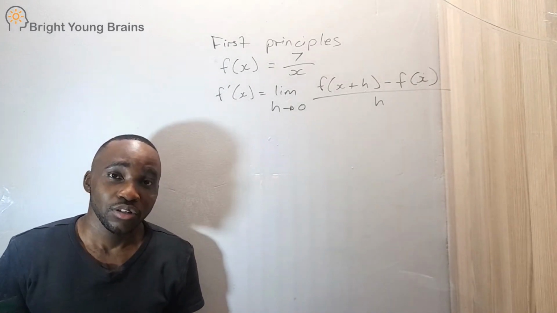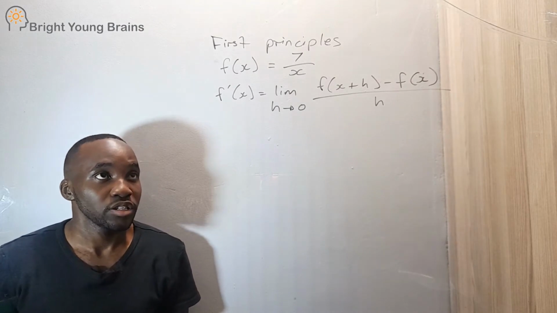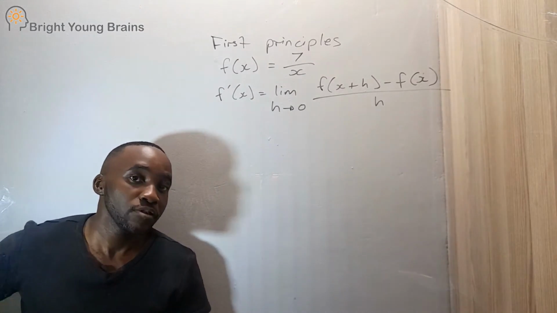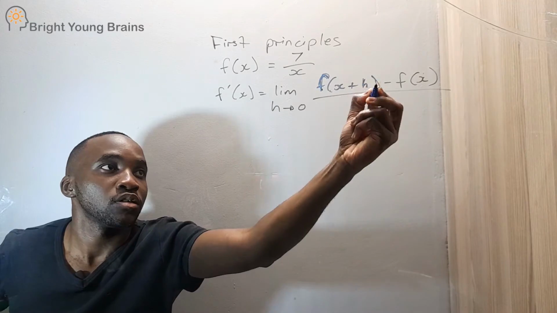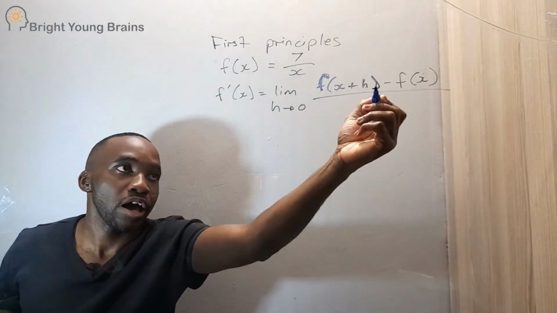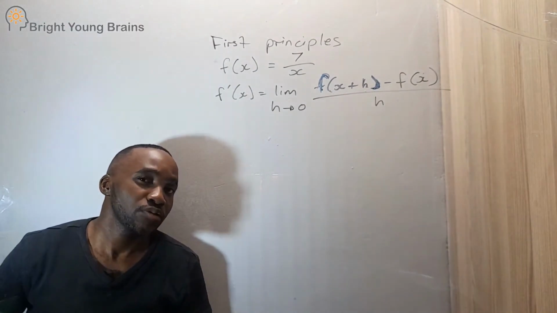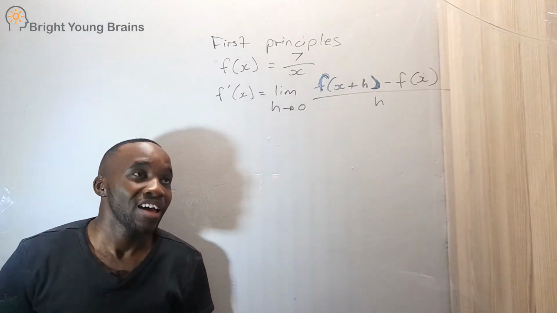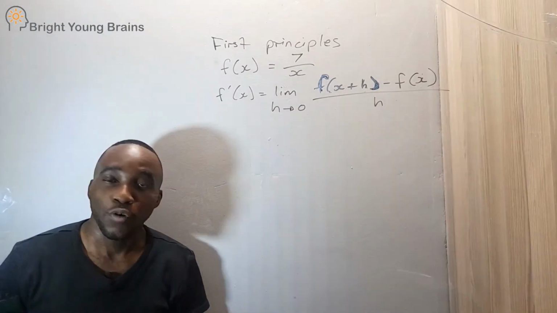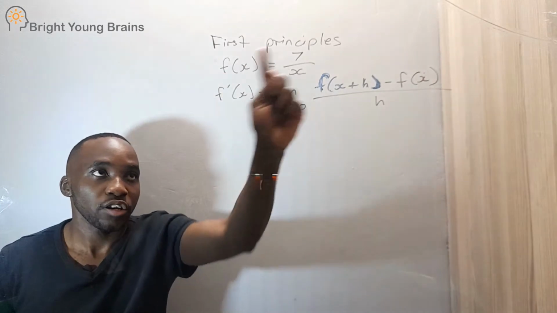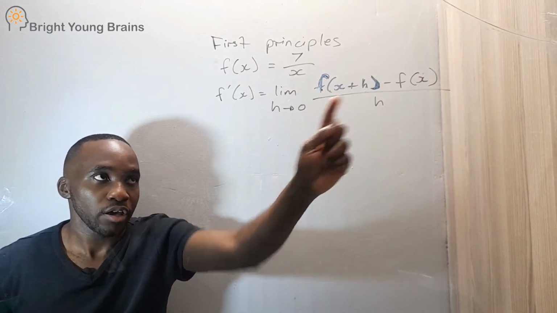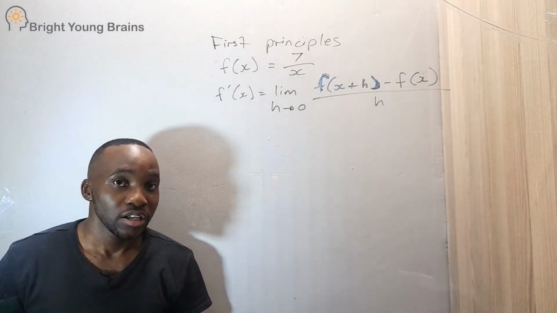So the idea with using first principles is, all you have to do is keep in mind that the first step is for you to get an expression for that. Now, I would say that it's best for you to get an expression for that first and then throw it into the formula, because f of x is already this thing here. Now f of x plus h, we need to get that separately.